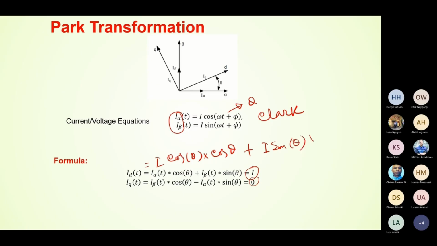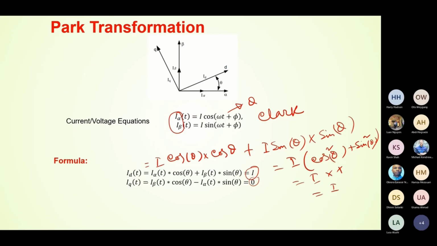I'm multiplying it with sine theta. So if I take I as a common term, here I have cos theta times cos theta is cos square theta, and sine theta times sine theta is sine square theta. We know that cos square theta plus sine square theta equals 1.